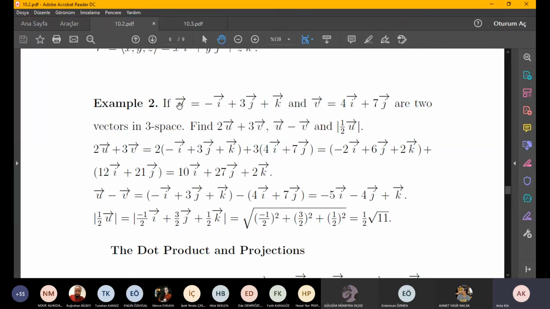Let me briefly express the vectors, not as a combination of standard basis vectors, but just by the components. So u is the vector (-1, 3, 1), and v is the vector (4, 7, 0), since we don't have the k component, we don't have the standard basis vector k here.